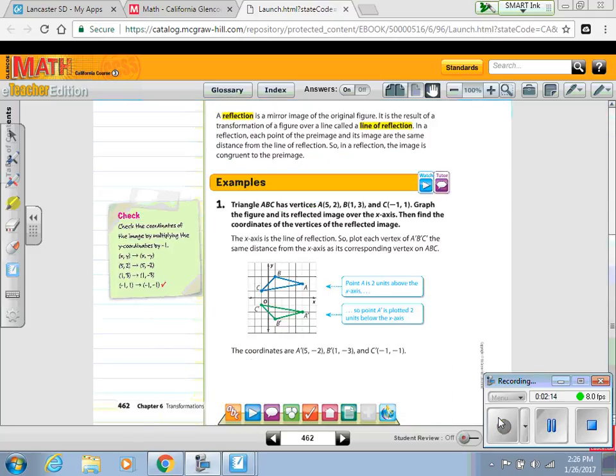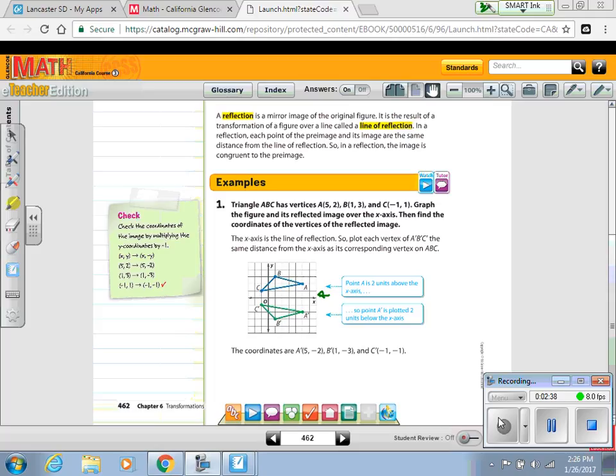So here in example 1, you can see triangle ABC has vertices A (5, 2), B (1, 3), and C (-1, 1). When it's flipping across the x-axis, that means we're going to multiply the y coordinates by -1.